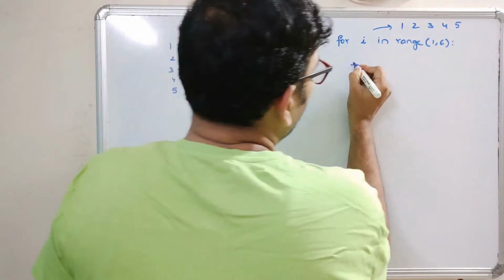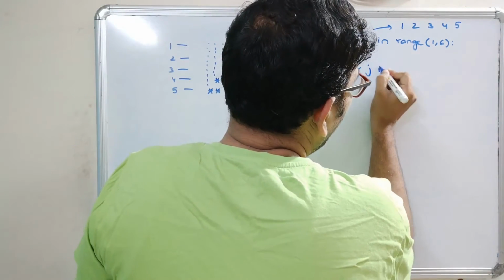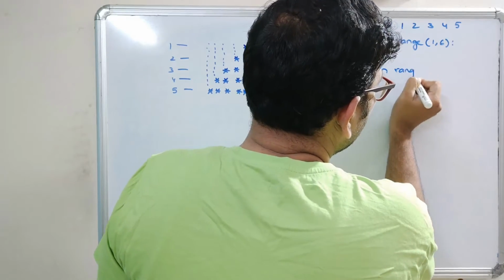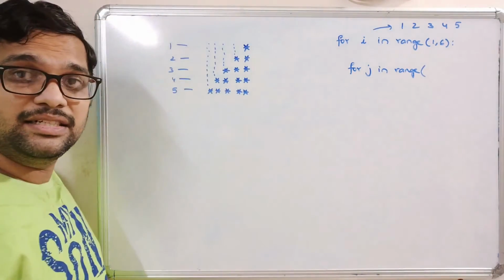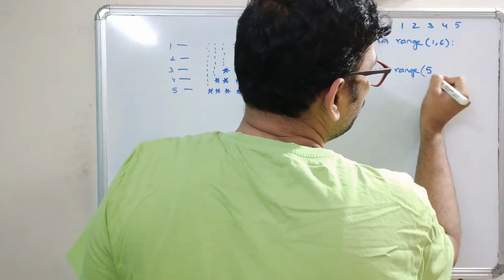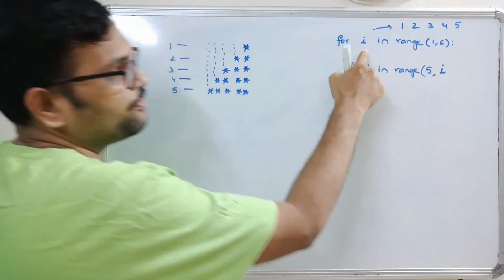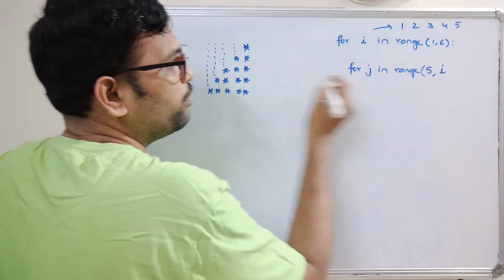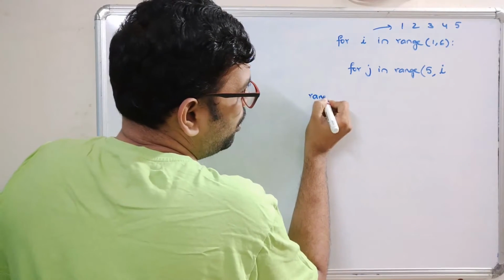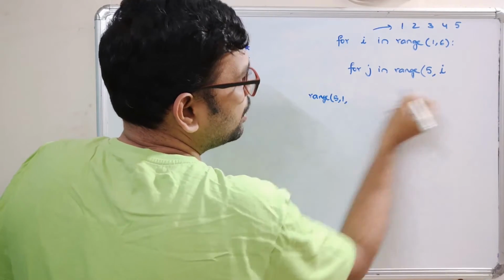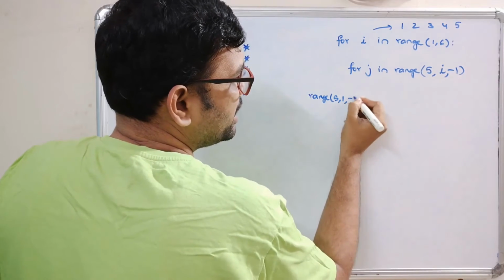So start from 5, for j in range, start with 5 to I. If I is equal to 1, then range of 5 comma 1 and give the negative updation -1.